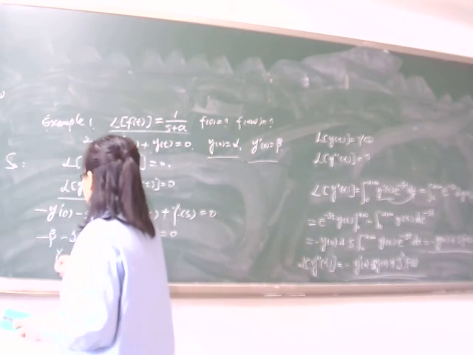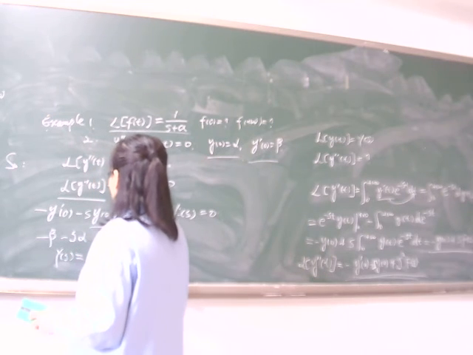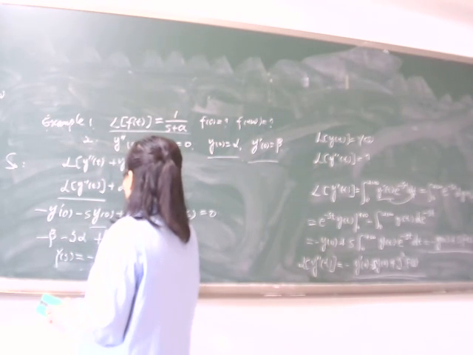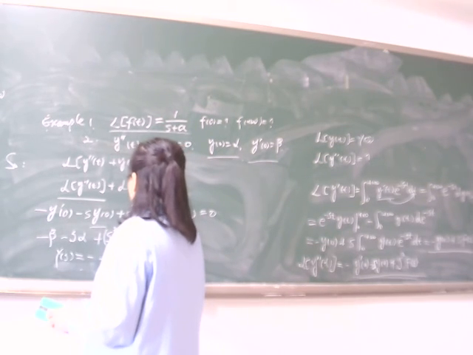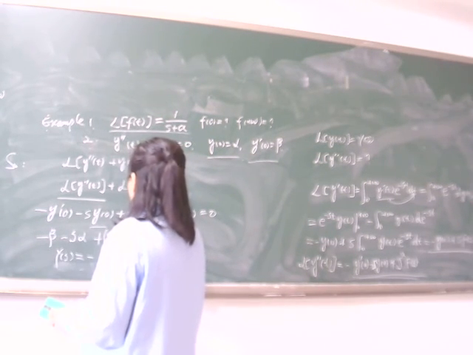So Y equals (beta plus s alpha) over (s squared plus 1).